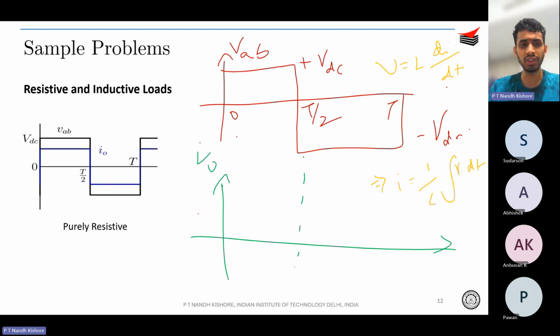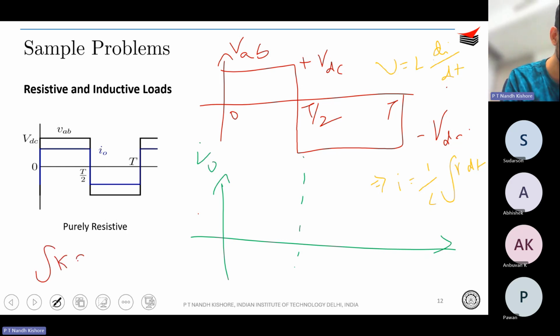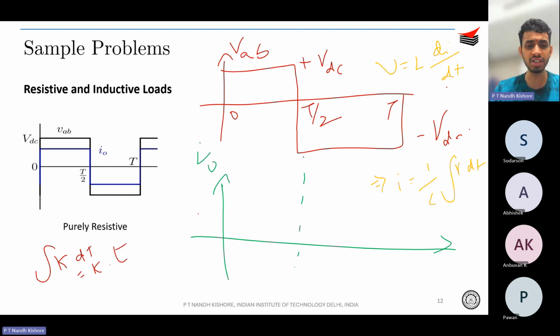So what is the integration of a constant? The integration of a constant is a ramp. If you integrate K, the integral K dt is K into time. It will just go on increasing with time, since K is constant.